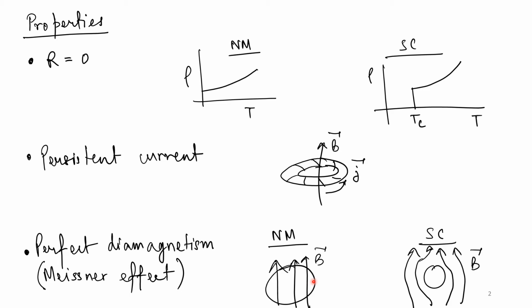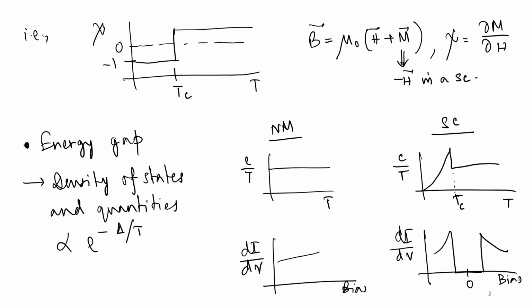That depends on how the system reacts to it. If it favors the field going through it, then it is a paramagnetic thing, and if it does not allow it, then it is a diamagnetic thing. So in a normal metal, it would allow the field to penetrate, but in a superconductor, it expels all field, so that the field lines just circle around and do not go through the superconductor.